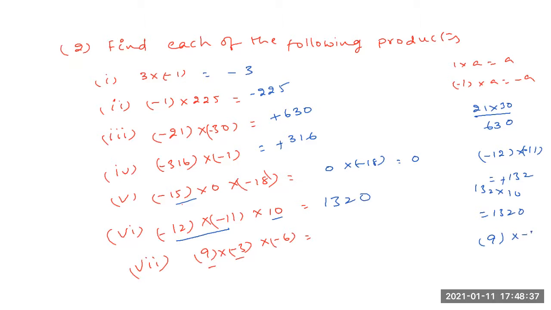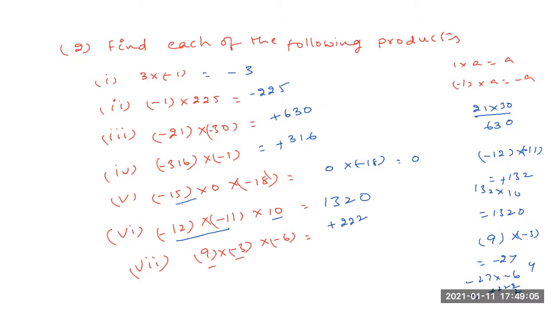So 9 threes are 27, but here negative into positive, or positive into negative, so minus 27. Next minus 27 into minus 6. Negative into negative is plus. 6 sevens are 42, 6 twos are 12 and 4, 162. So plus 162.